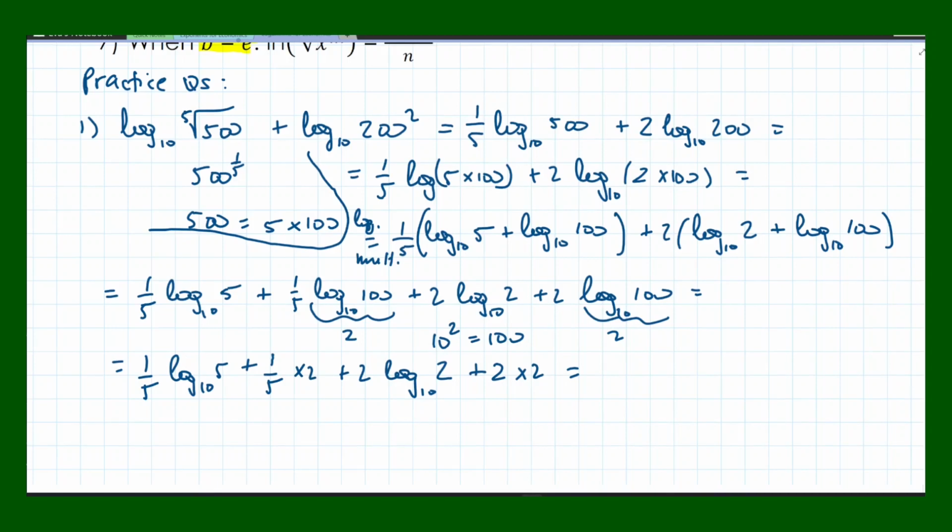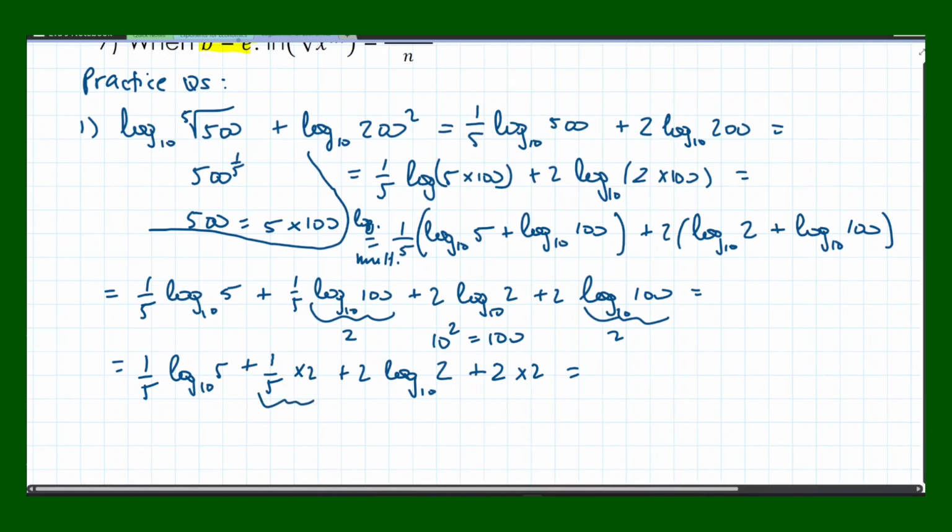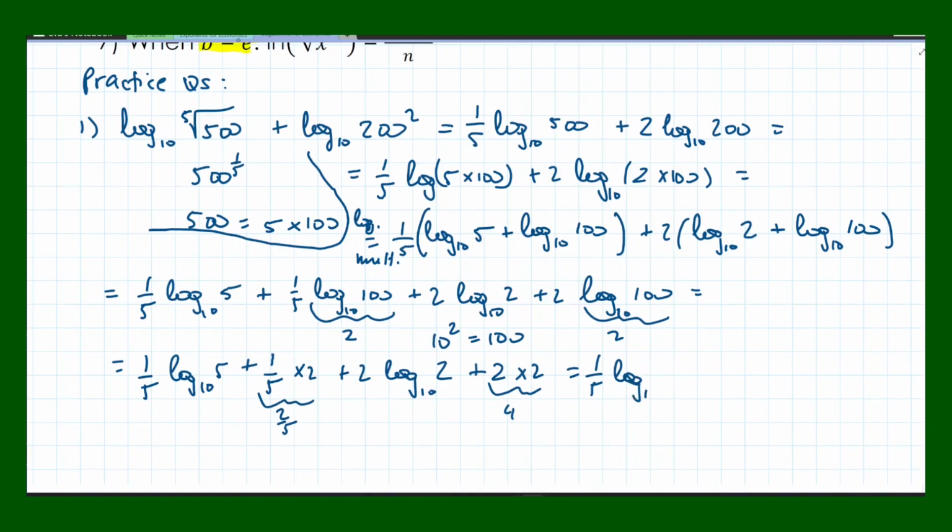So let's make the numbers nicer. So this is just 2/5. This is 4. So what I've got here now is 1/5 log base 10 5 plus 2 times log base 10 2 plus 4 and 2/5.